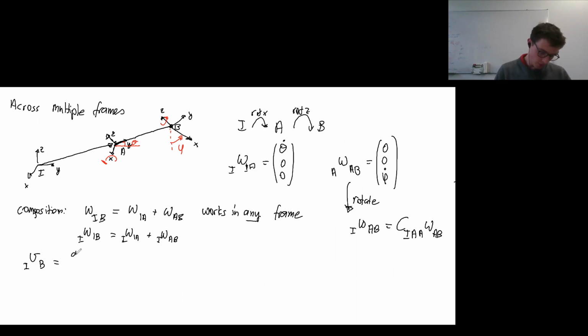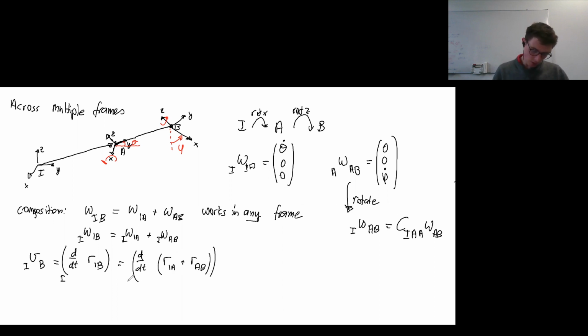We have d by dt of r IB, all expressed in I frame, which we can now write as r IA plus r AB, right?